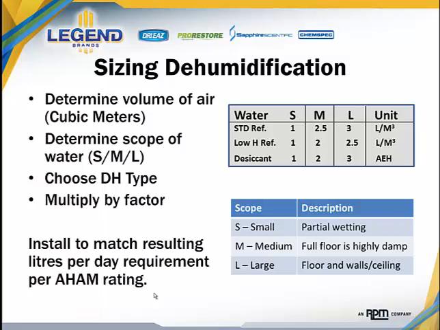Low humidity refrigerants will always provide the greatest energy efficiency in virtually any restoration project, and desiccant dehumidifiers provide a unique opportunity in particular situations when we're dealing with certain drying challenges. Again, we'll cover this in greater detail in a later webinar in our series.